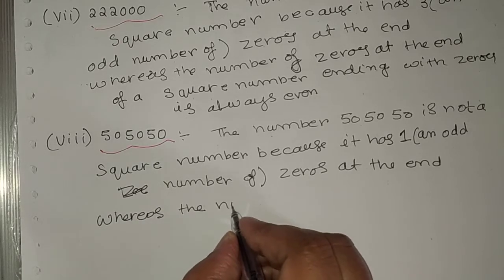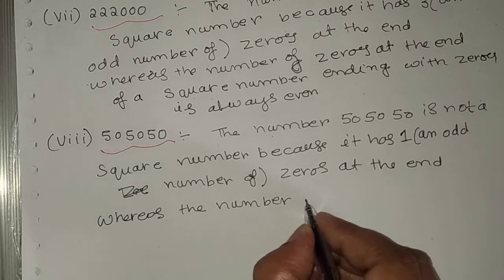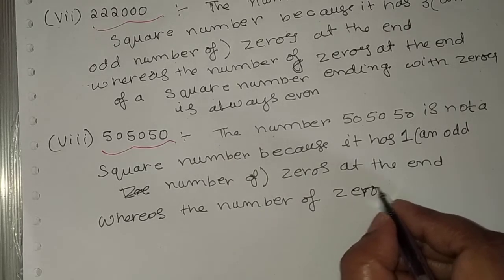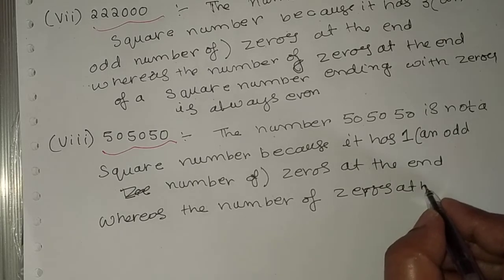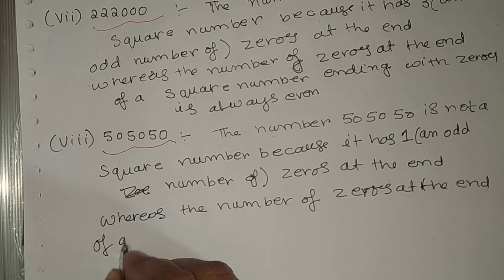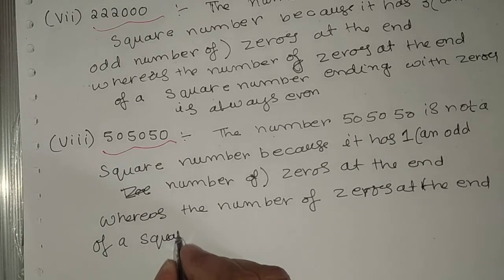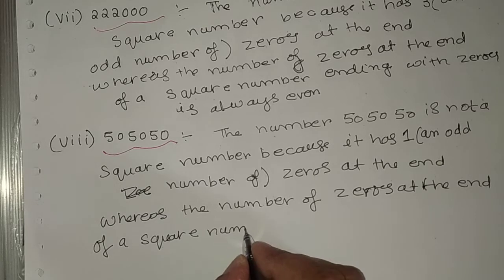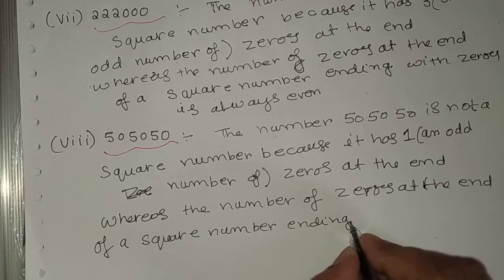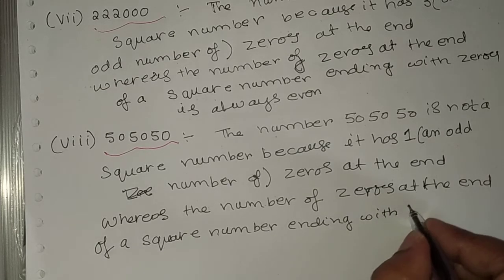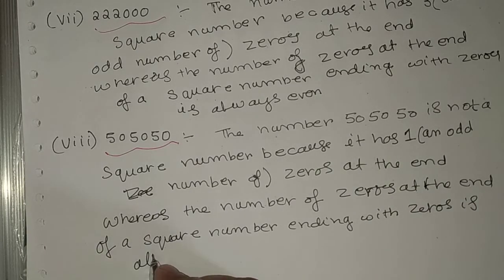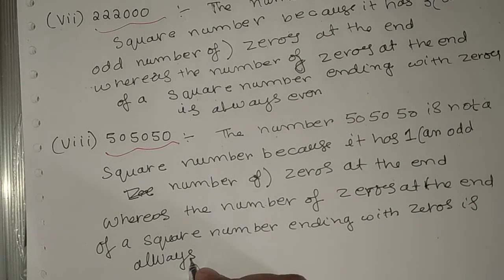Whereas the number of zeros at the end of a square number ending with zeros is always even.